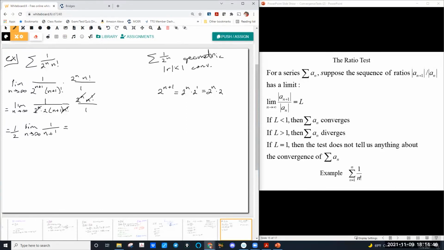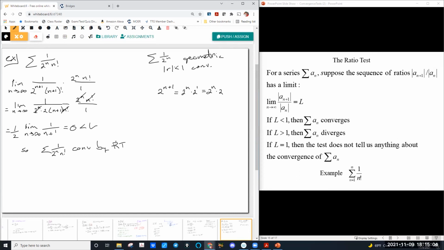That limit goes to 0, which is less than 1. So our series is convergent by the ratio test.